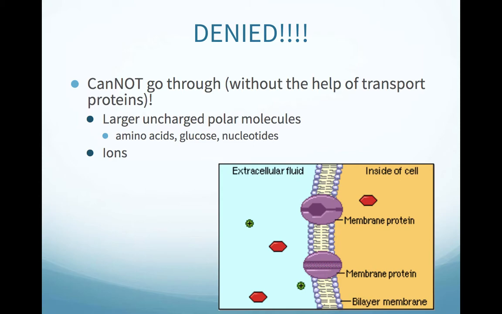Those are your larger molecules, specifically your uncharged polar molecules like your amino acids and glucose, and your ions. So if anything is charged, it cannot just go in and out. This way, the cell membrane can determine what to take in and what to keep out, and that is also determined by your transport proteins. We'll get into that in a little bit.